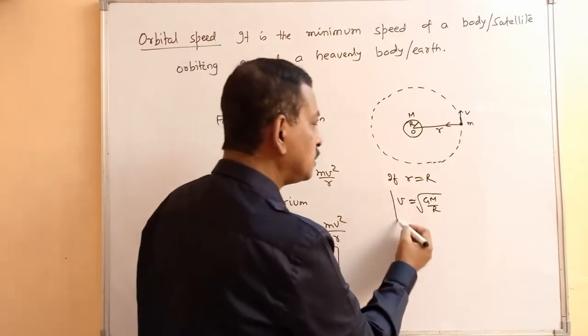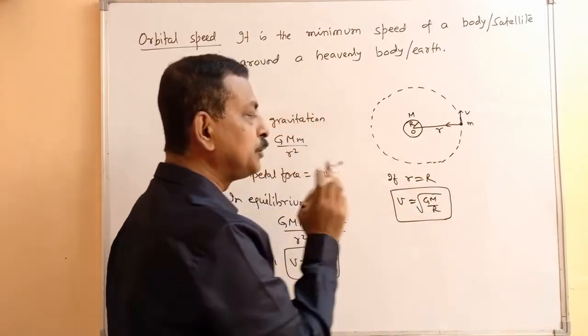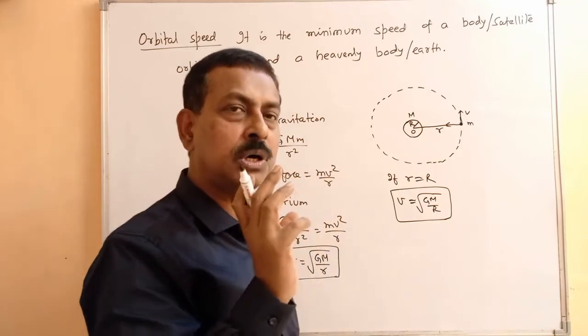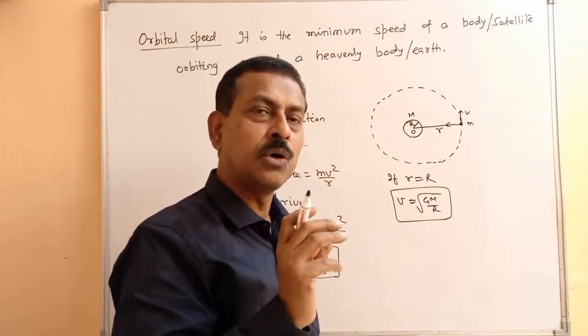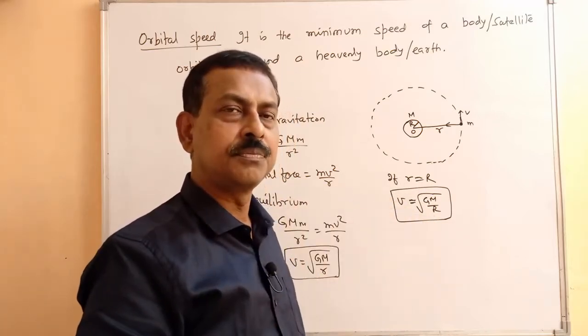And this particular expression will give you the value of the orbital speed for the object which is orbiting very close to the surface of Earth.